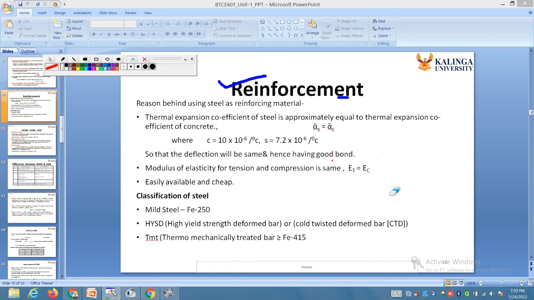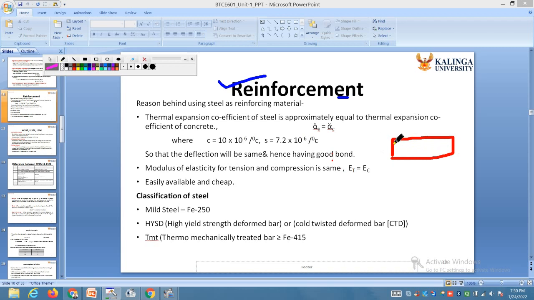When we talk about RCC structures, both compressive stresses and tensile stresses get developed in components of an RCC structure. Example, see this. Suppose this is a beam, front view I am trying to draw, and load is applied.